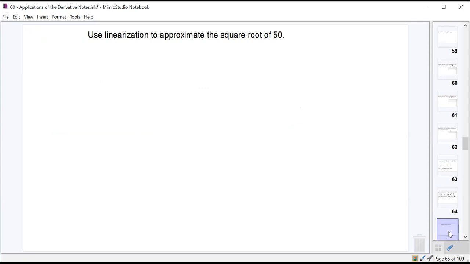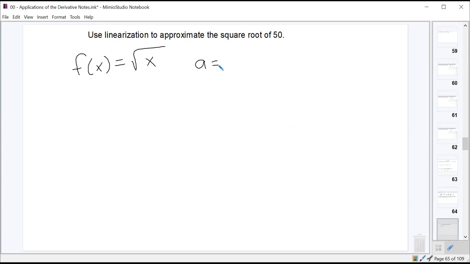Let's use linearization to approximate the square root of 50. Our function is obviously just going to be the square root function. So we're going to say f of x is equal to the square root of x, with a center of approximation, A, at the closest value to 50 that we know the square root of.